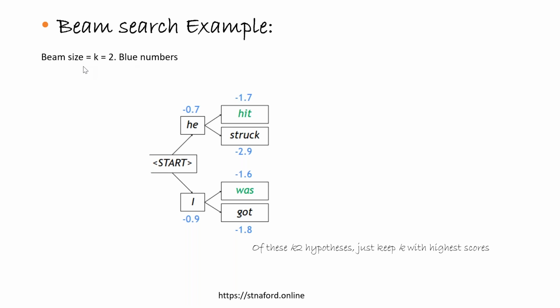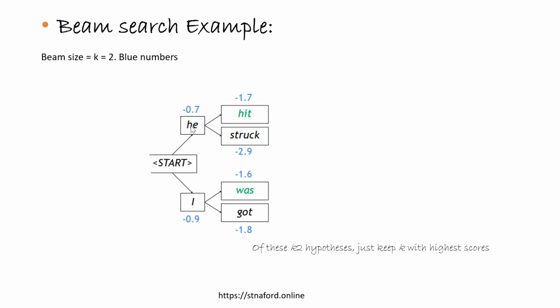So for beam search, let's say I have a beam size of k equal to 2, right? And we'll take the blue numbers. It starts with he and I. I get the score as minus 0.7 for he and minus 0.9 for I. Of these k squared hypotheses, just keep k with the highest scores.